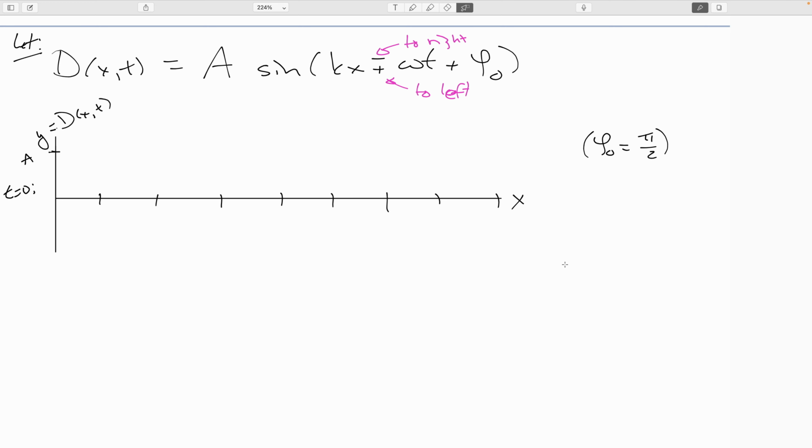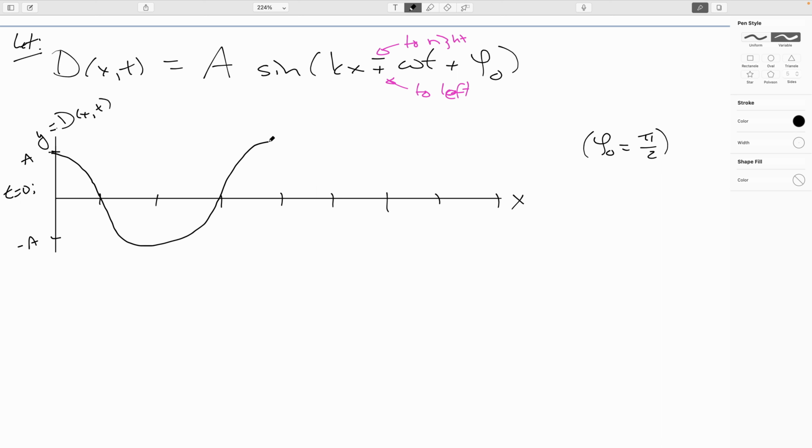There. And let me try drawing my sine function again. This is a, this is minus a. I'm just trying to draw a cosine, really. All right. I think that's as good as it's going to get. So that's at time t equals 0.